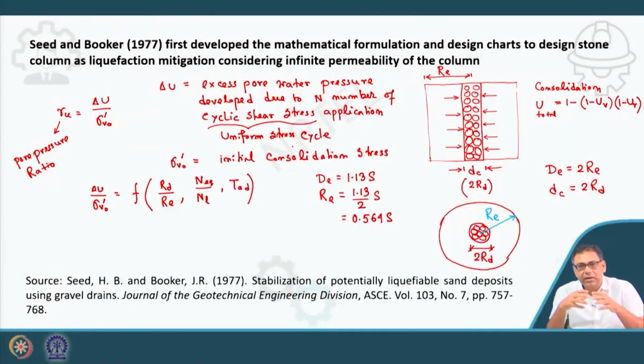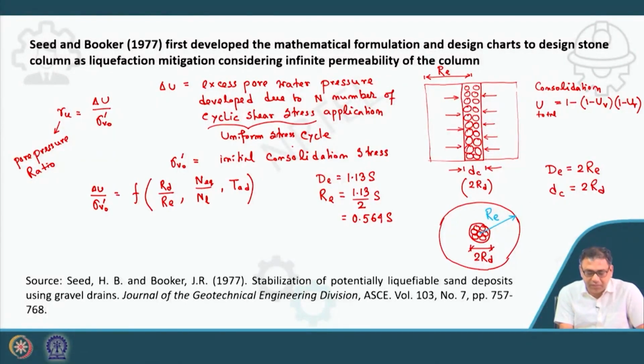So it is non-dimensional. Generally when you represent the spacing and the diameter, we represent it in non-dimensional form, that is spacing by diameter, or the reverse will be the diameter by spacing. So here it is represented by the diameter or radius of the column divided by the diameter or radius of the equivalent circle or influence zone, which is actually a function of spacing.